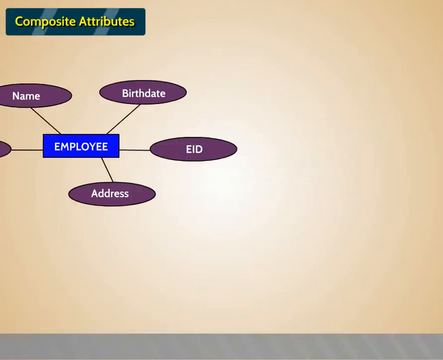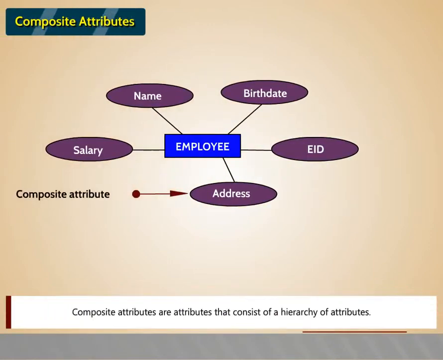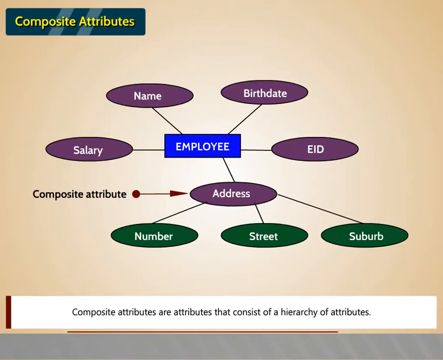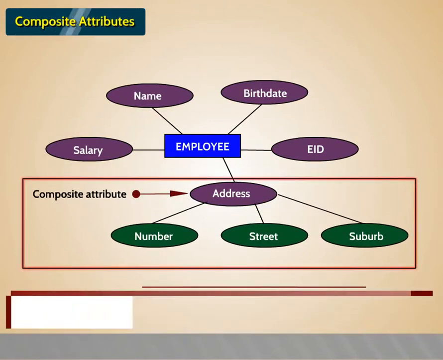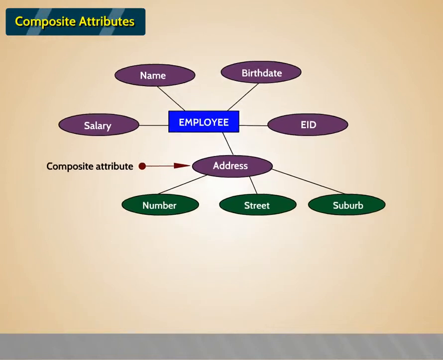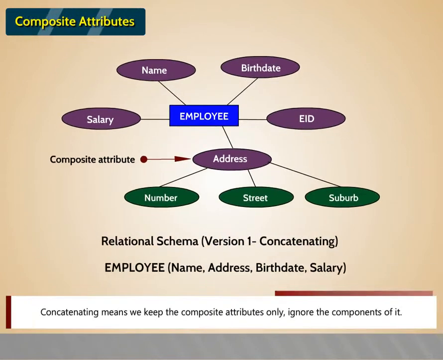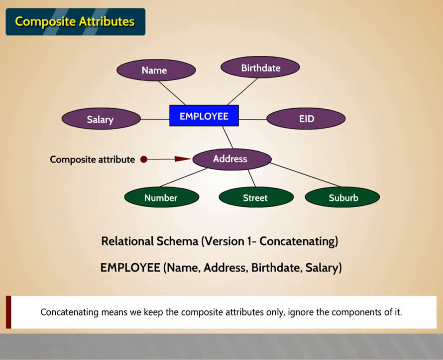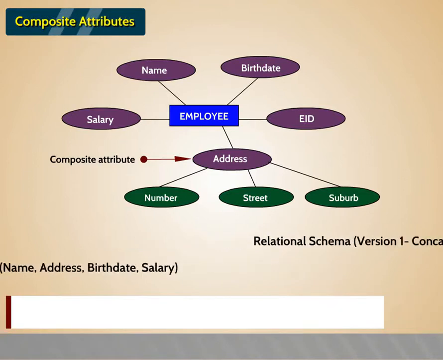Composite attributes. Composite attributes are attributes that consist of a hierarchy of attributes. Composite attributes are mapped by concatenation or flattening. Concatenating means we keep the composite attributes only and ignore the components of it.